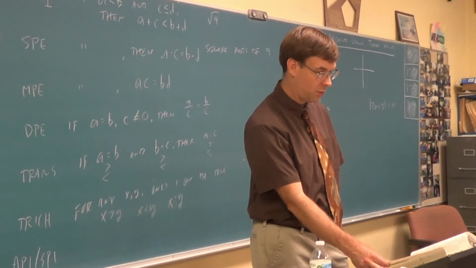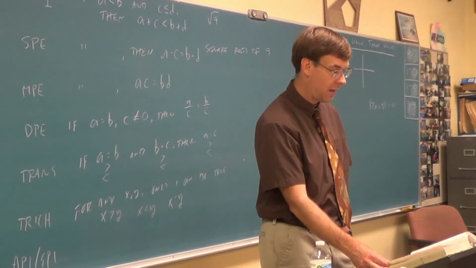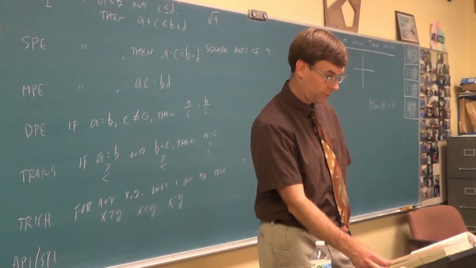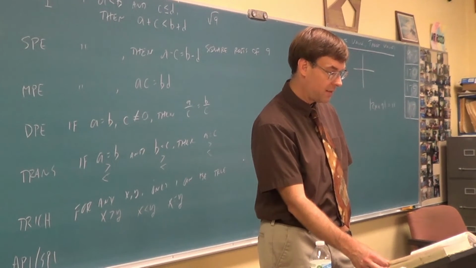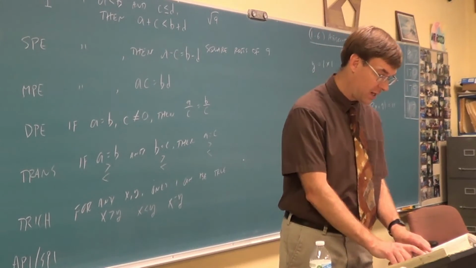Some of the ones that are on the board are there, some of the ones on the board are not there. Let me do this. I'll narrow it down. Let's do 2C. Can anybody tell me what's happening on 2C? It is the addition property of inequality.